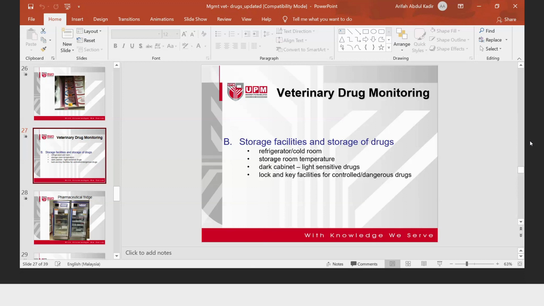Very important. And then the storage room temperature is very important too. You must look at the bottle saying that okay, it should be stored below berapa temperature dia, 24 degrees Celsius.